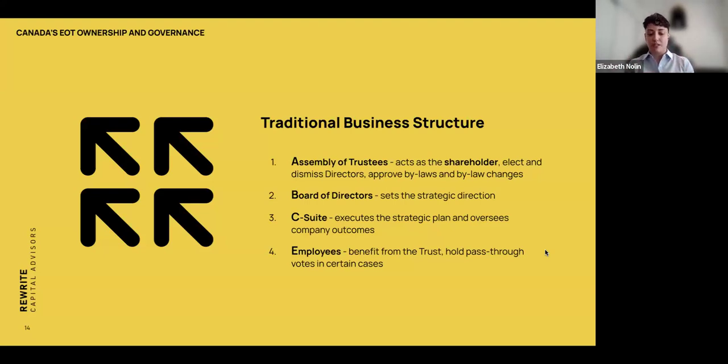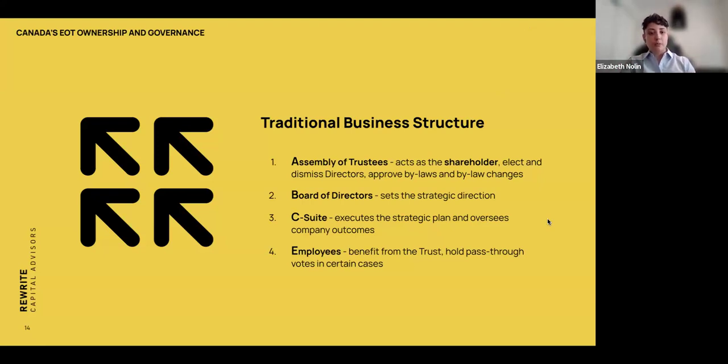And these are very specific, like a merger, amalgamation, or sale of the business, or any decision that would lead to 25% or more of the beneficiaries losing their status as beneficiaries. That essentially means, for example, if you have to do large layoffs, those are very specific instances. But everything else is really governed through these ABCs that we're gonna dive into in a little bit more detail now.